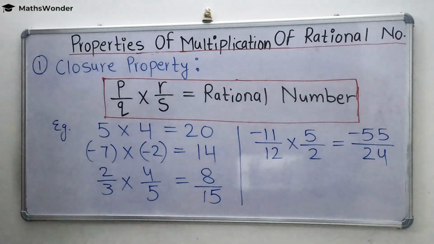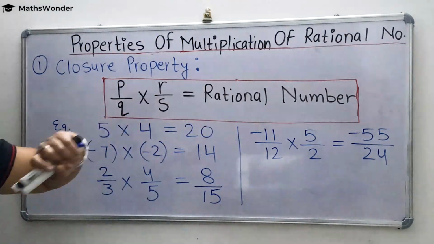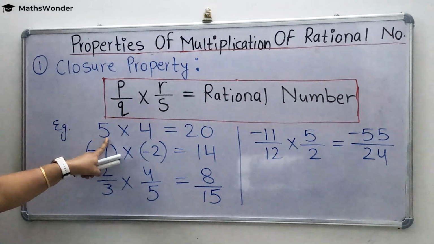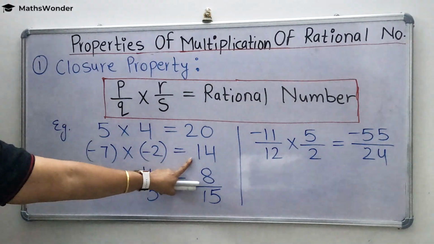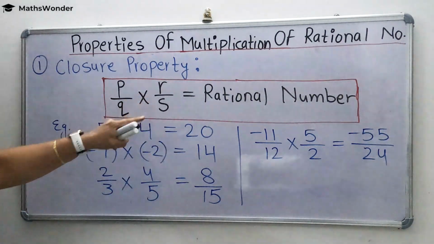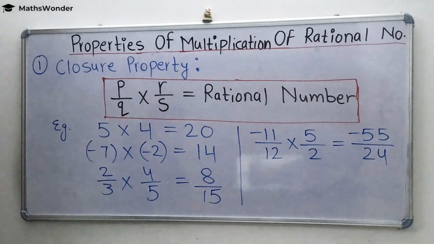So the property says that rational numbers are closed under multiplication. Why? Because the product of two rational numbers is always a rational number, just as two natural numbers give a natural number and two integers give an integer. That's it. So that is the closure property.